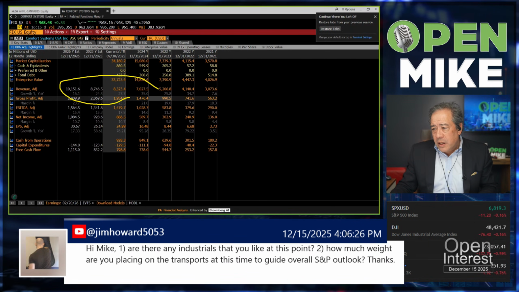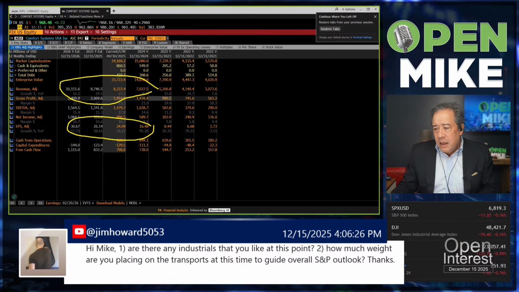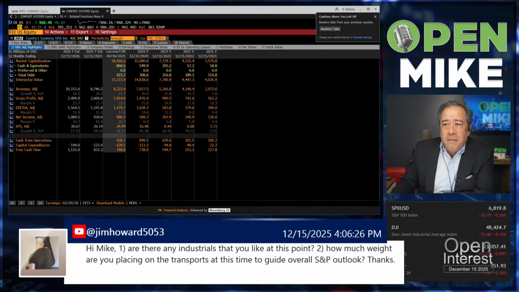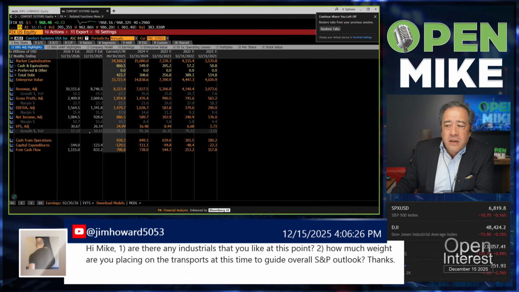Again, it's got the growth both top and bottom line, as we can see here. Free cash flow numbers aren't quite as attractive as United Rentals, but these are basic businesses and pretty solid. This is, of course, trading at a much higher multiple, as you can see here.